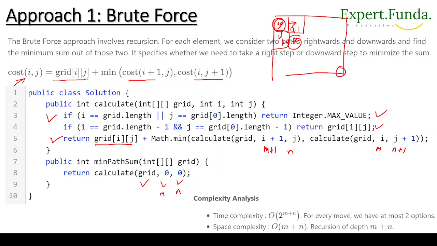Or you can say, if I and j are equal to m and n, that is your grid's row and column length, we have to return the exact value that we have at this position. If there is only one cell, then we will return from here. Otherwise, if this is very big, we will return the max of the integer value. That is a different thing that you can understand; these two are the base conditions.